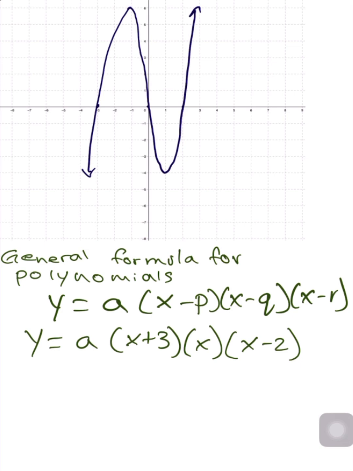How are you going to figure out what the value of a is, which is the slope? To figure it out, you can use any point on the graph. I would go ahead and use something like this point, right? -1, 6.